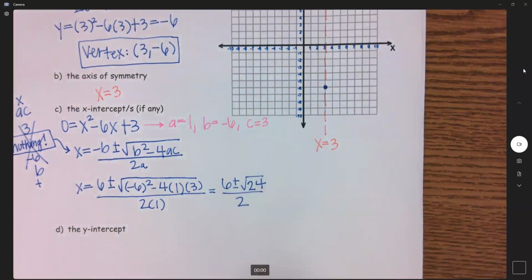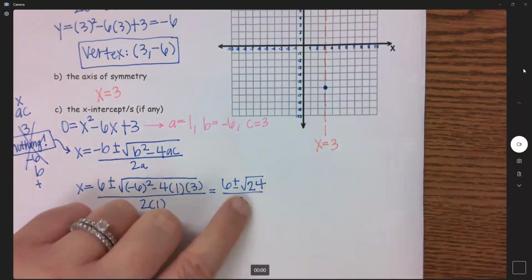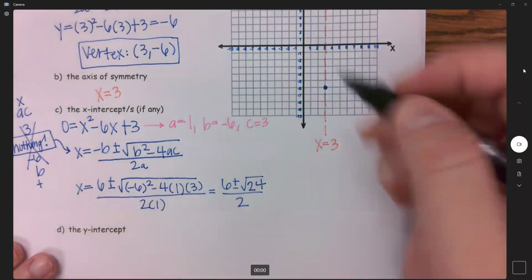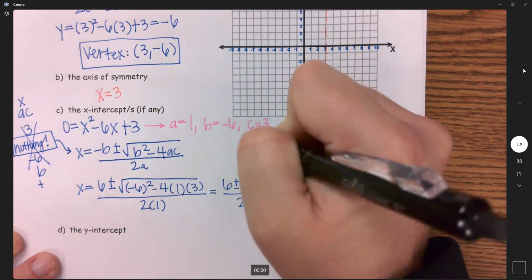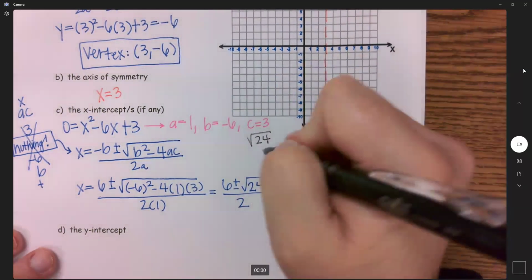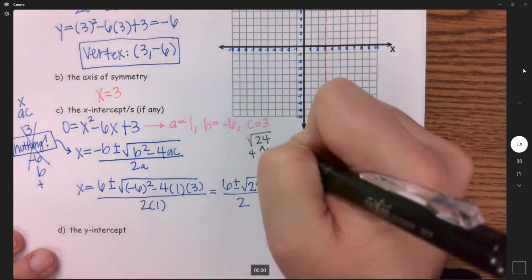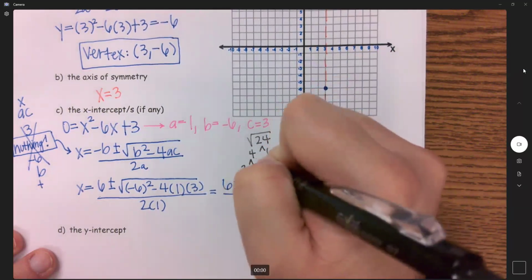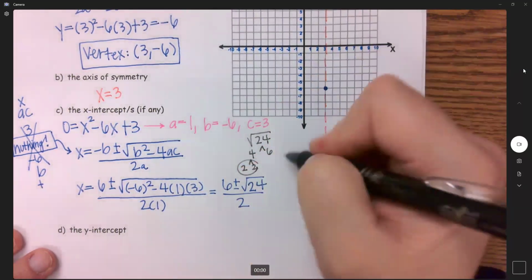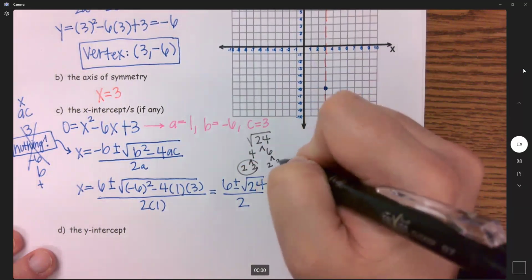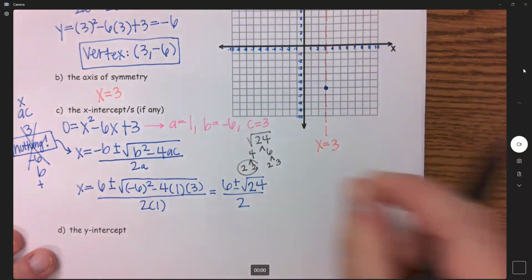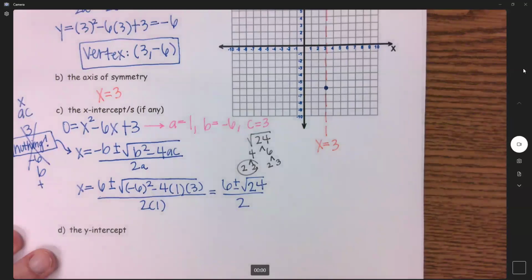If we can simplify, we need to simplify. So if I take the square root of 24 up here, break that down, that is 4 and 6, which is 2 and 2. So there's a pair. 6 can be broken down, but I don't have any more pairs. So I'm going to multiply that right on back up to a 6.